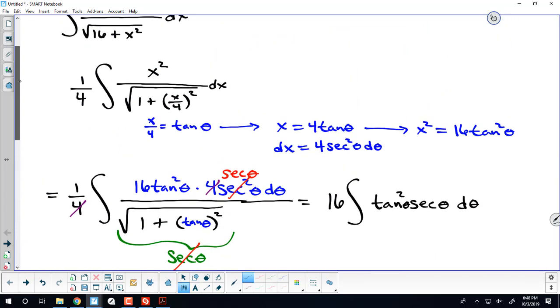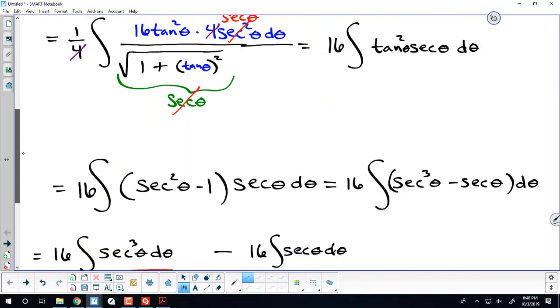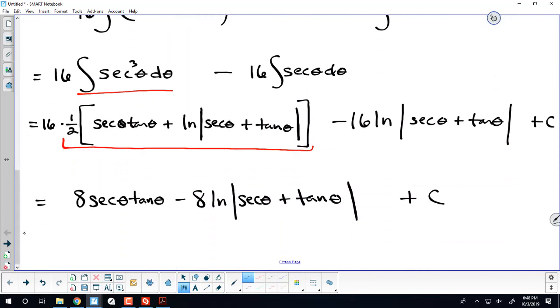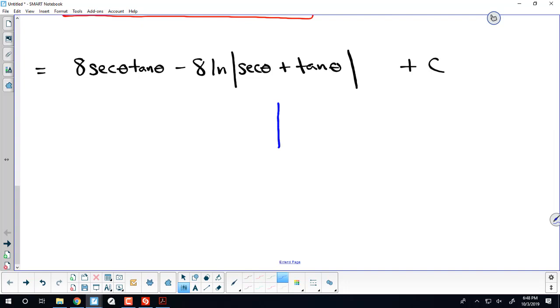They say use the reduction. X over 4 is tangent theta. So that's where we'll go from here. So I think maybe from here we can fill in the rest. I don't know, 16 plus x squared, whatever. So all we have to do is just resubstitute. So hopefully you have it from there.